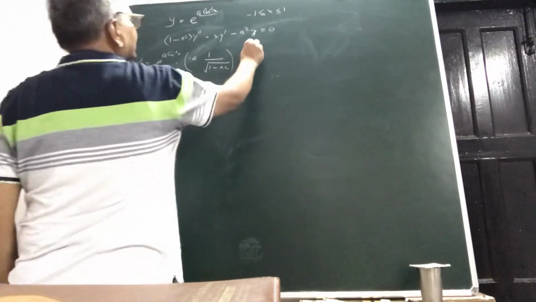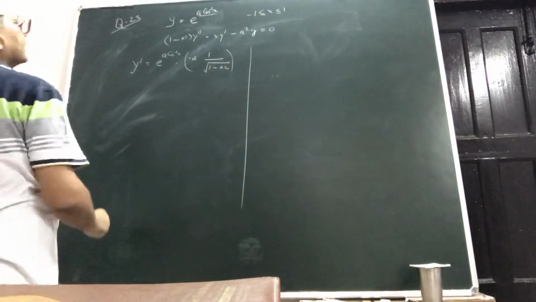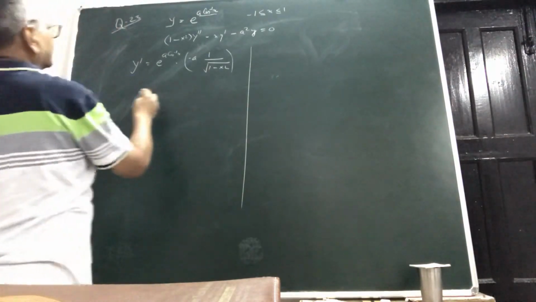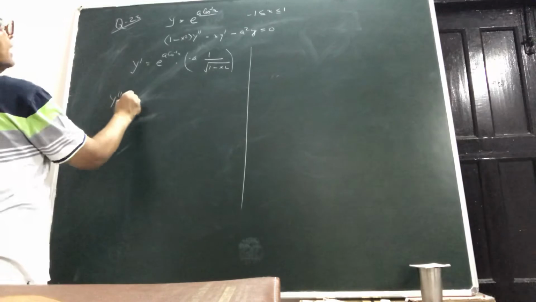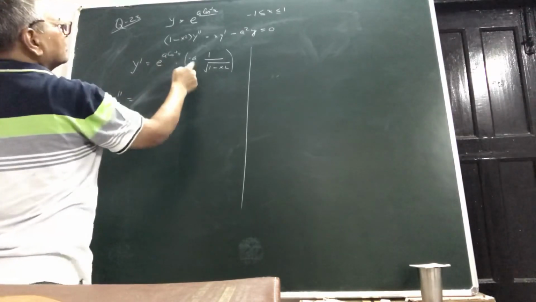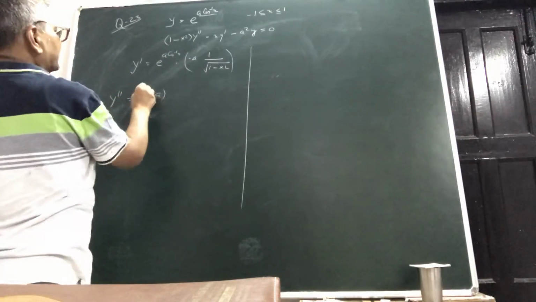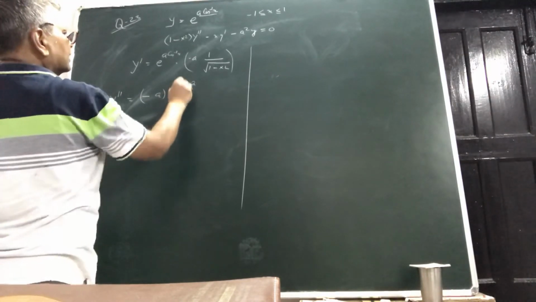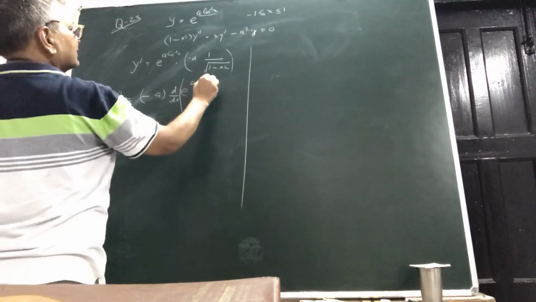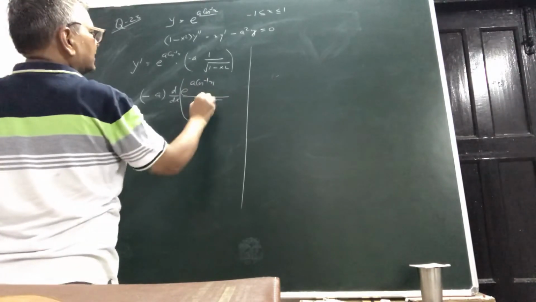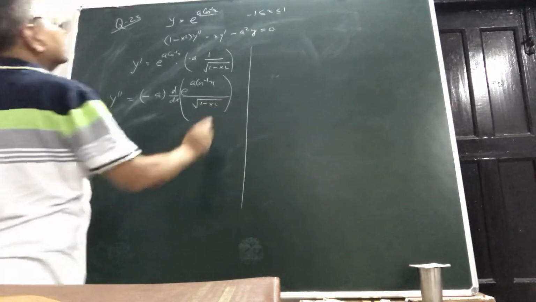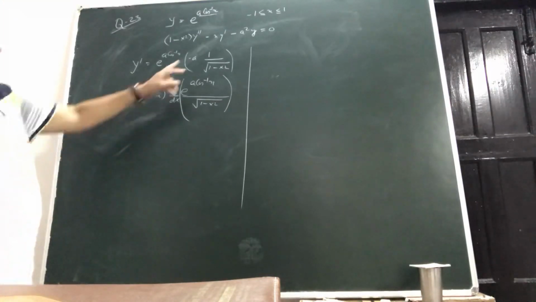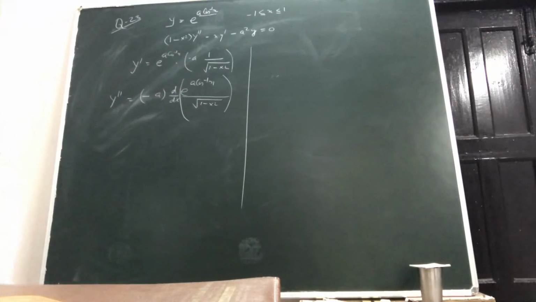And likewise, we can find the second derivative, let us find it. It is minus a, let me take outside, d by dx of e raised to power a cos inverse x upon under root 1 minus x square. This minus a you have taken outside because it is a constant.